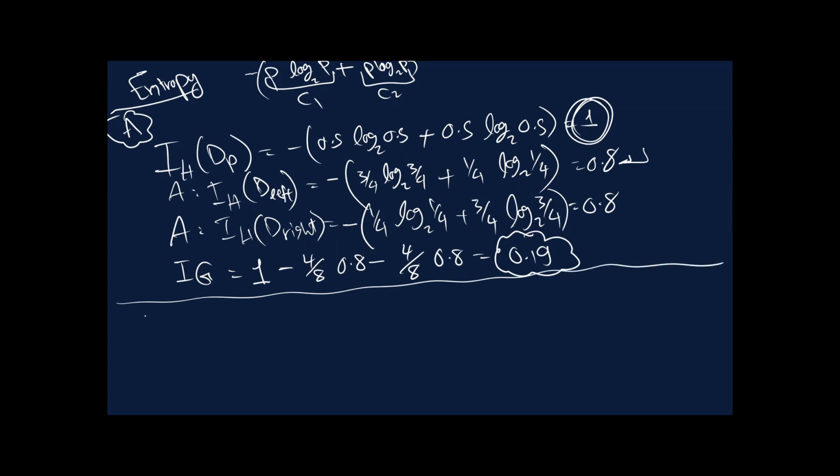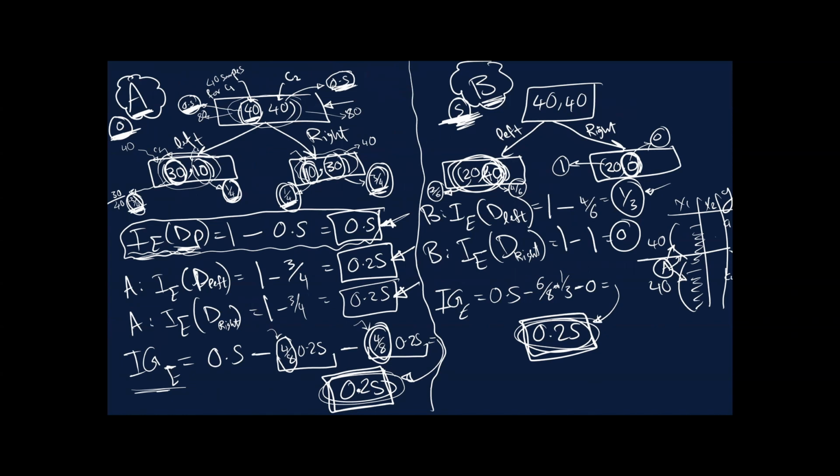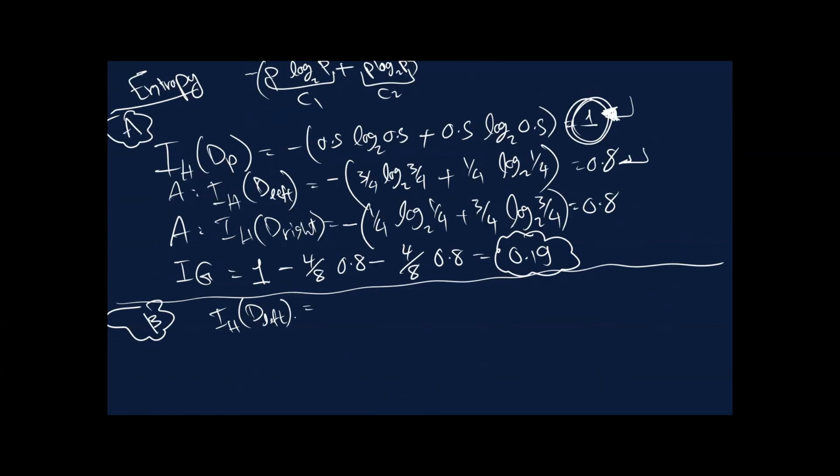And then the second condition, condition B, of course we'll have the same impurity for the parent. So now the left is 2 over 6 and 4 over 6. So we'll use them, 2 over 6.